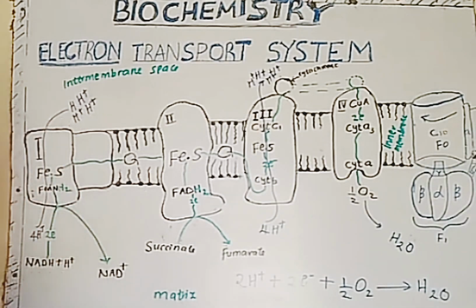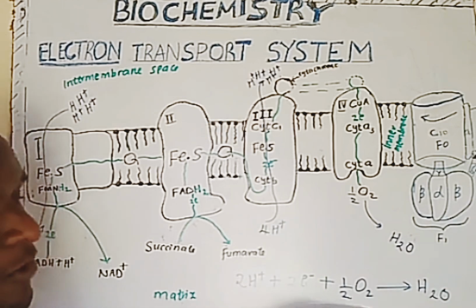We have used a single NADH to produce a single water molecule. So that means that we shall need 2 NADH to consume 1 full oxygen molecule.